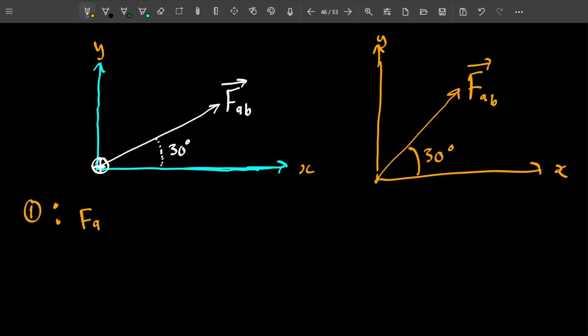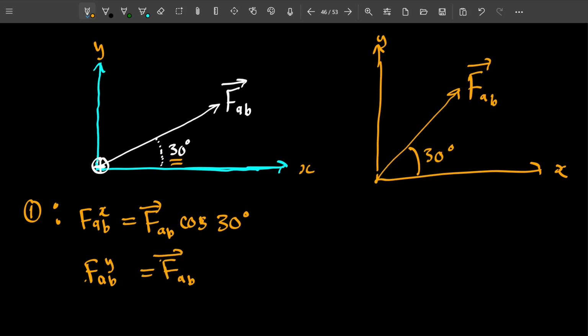If I want FAB in x, remember, I don't put an arrowhead for that. I'm going to see the angle it is making with the positive x-axis. And what angle is that? 30 degrees. So it's going to be FAB, the original, then cos 30 degrees. If I now want FAB in y, this is going to be FAB, then I need to know the angle it makes with y.